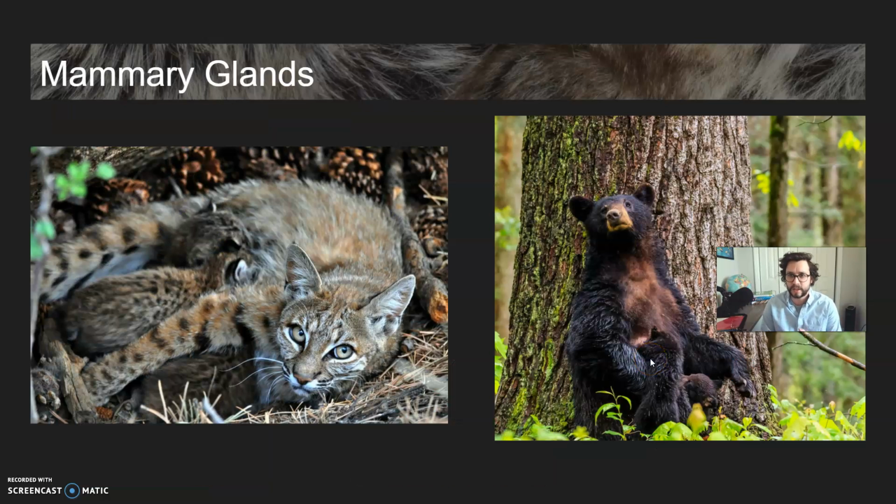Tied with reproduction is going to be the mammary glands. Huge success. It makes a lot of these animals part of that K selection species where these adults, these parents are going to actually care for their offspring, unlike a lot of fish or reptiles where they lay the eggs and then there's not much else that they do.